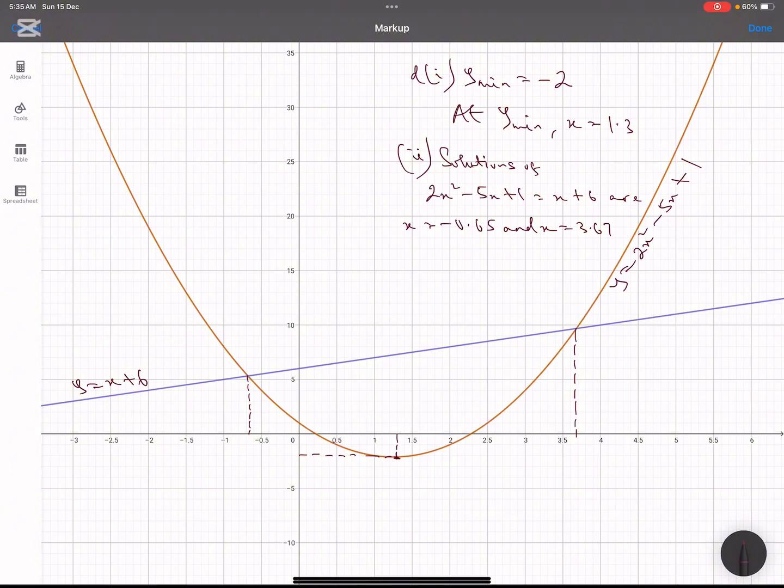Those are the solutions of 2x squared minus 5x plus 1 equals x plus 6, and that's it, very, very simply.